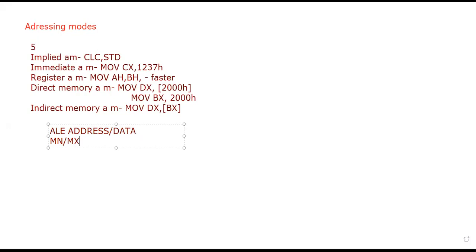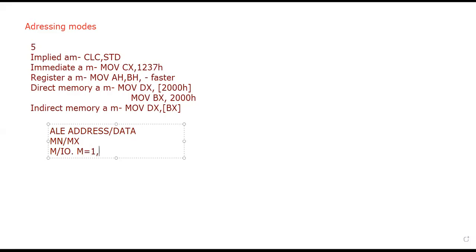Then memory and IO: this tells whether you are accessing values from memory or from IO. If it is 1, that means you are dealing with memory, and whatever value you have is fetched from memory. If it is 0, then the processor is taking values from IO.